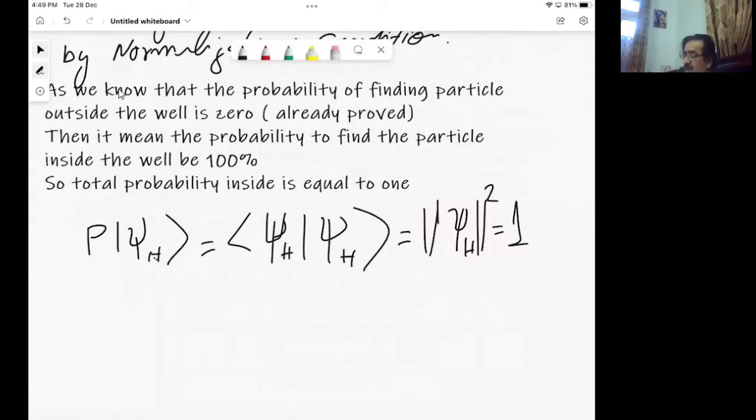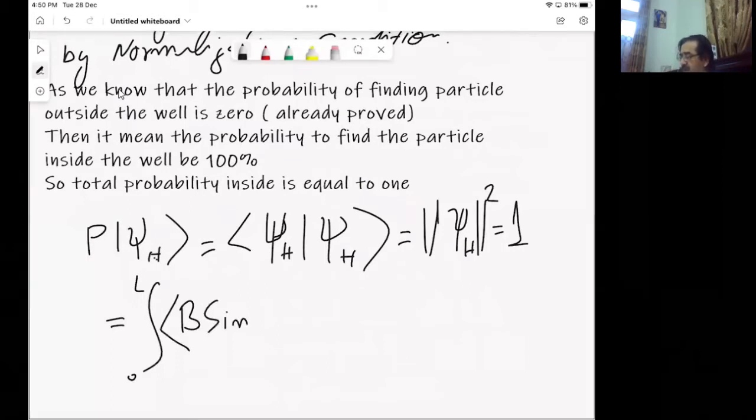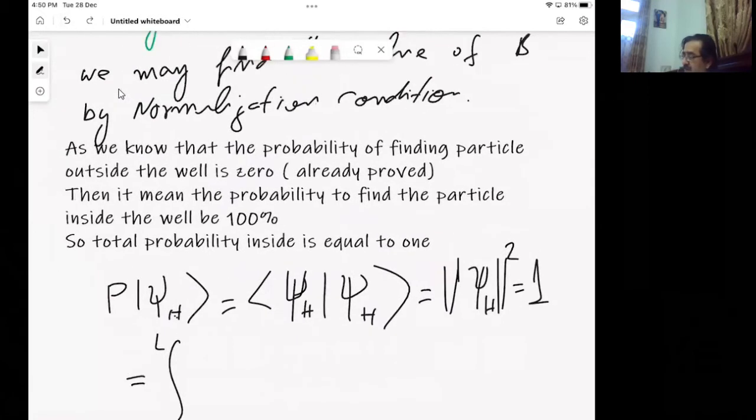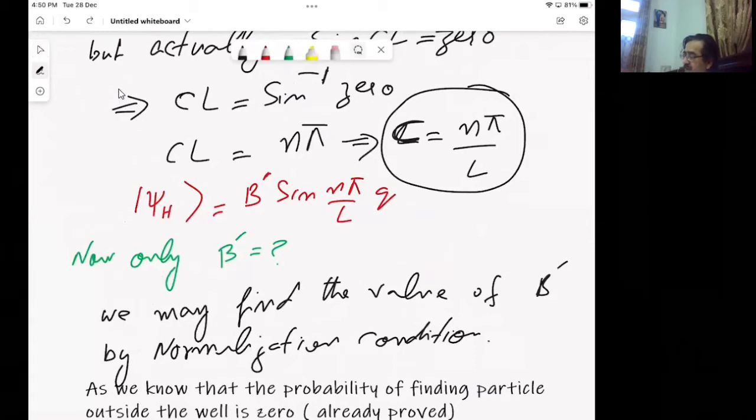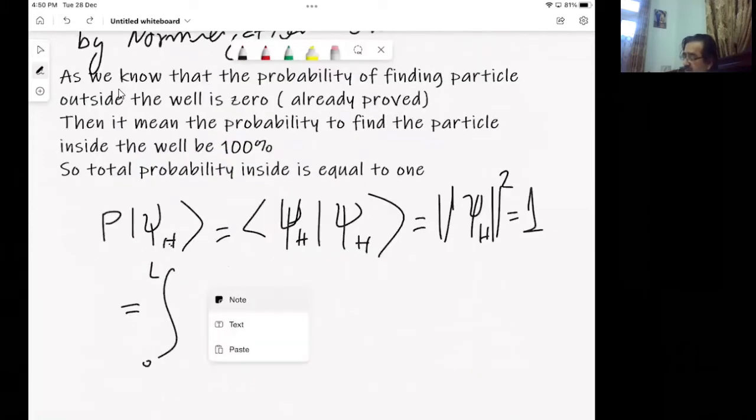So that must be equal to this. The box length is from 0 to L. So you get B. Let's select this, copy and paste.